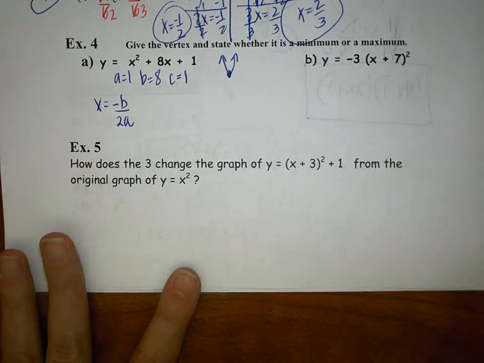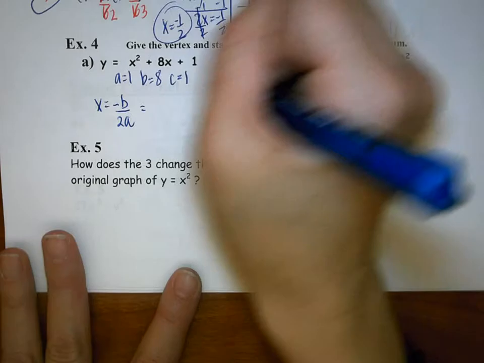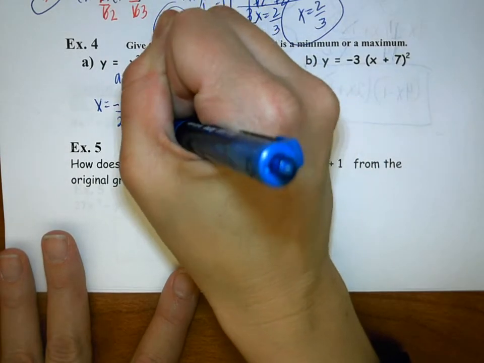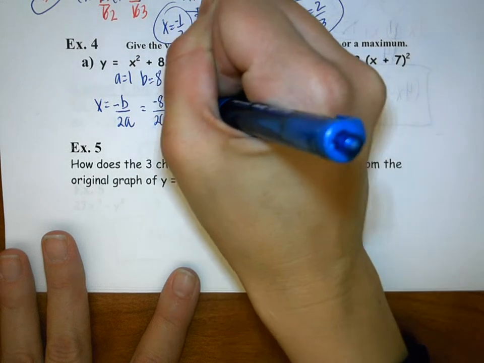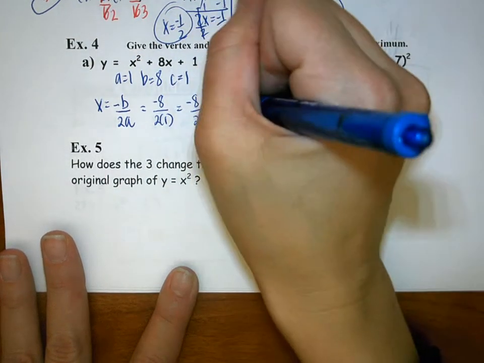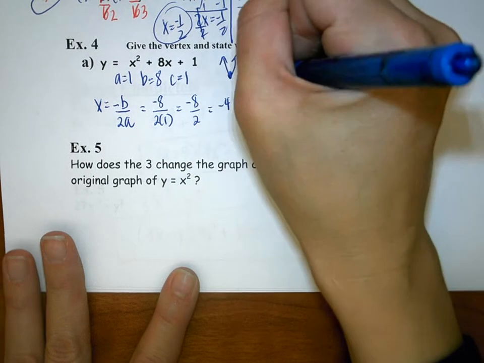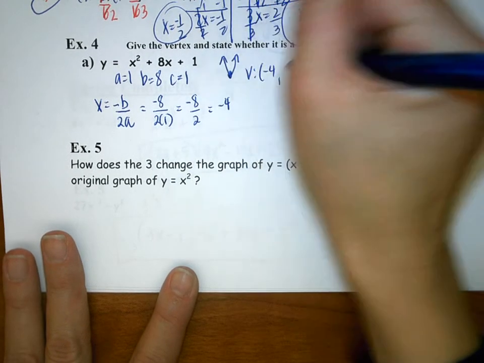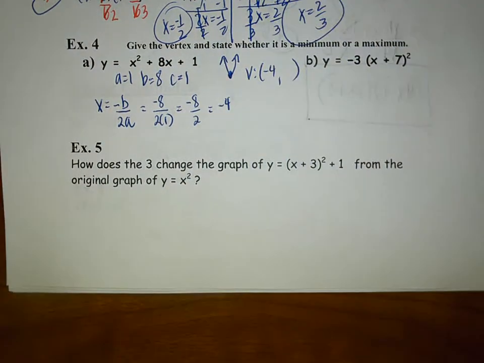So in this case, it's going to be negative 8 over 2 times 1. And negative 8 over 2 equals negative 4. But that is only the x value of the vertex, right? How do I find the y? Plug it into your equation.